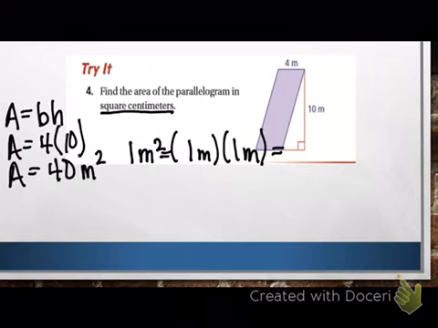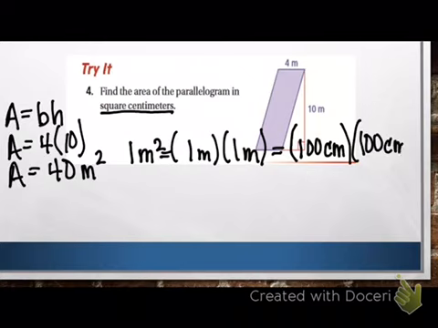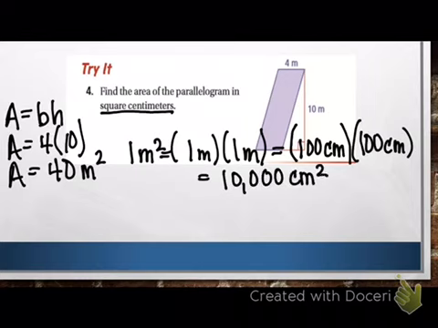So now I'm going to be converting my meters to centimeters. And we should know that there are 100 centimeters in each meter. So now I have 100 centimeters times 100 centimeters. And that's going to give me 10,000 centimeters squared.